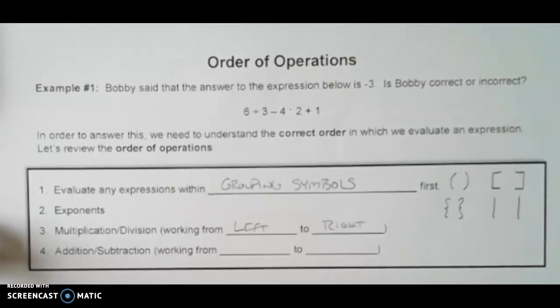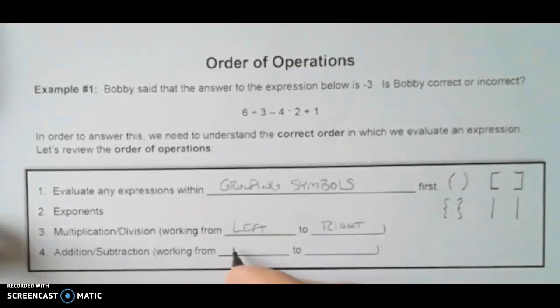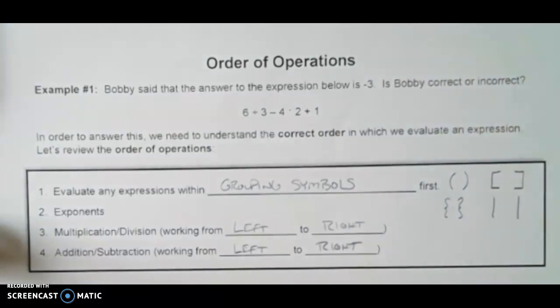And then the last layer is addition and subtraction, again working from left to right. If the subtraction shows up first in the expression, you'll do the subtraction first, and if the addition shows up first, then you'll do the addition first. So, keeping this in mind, we're going to see now if Bobby was correct when he said that the answer was -3.